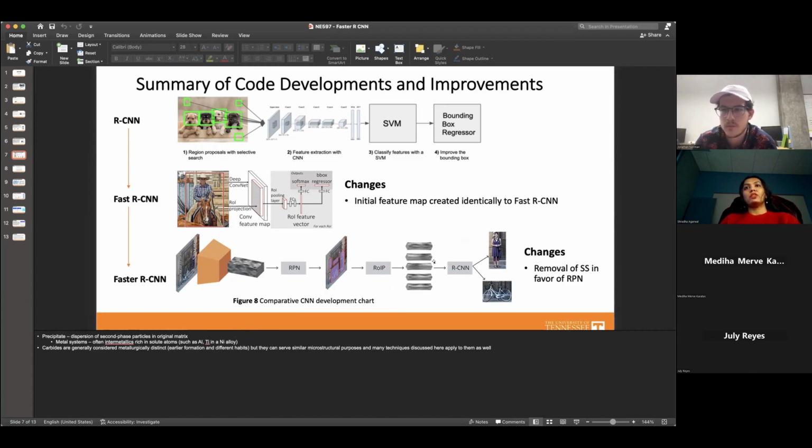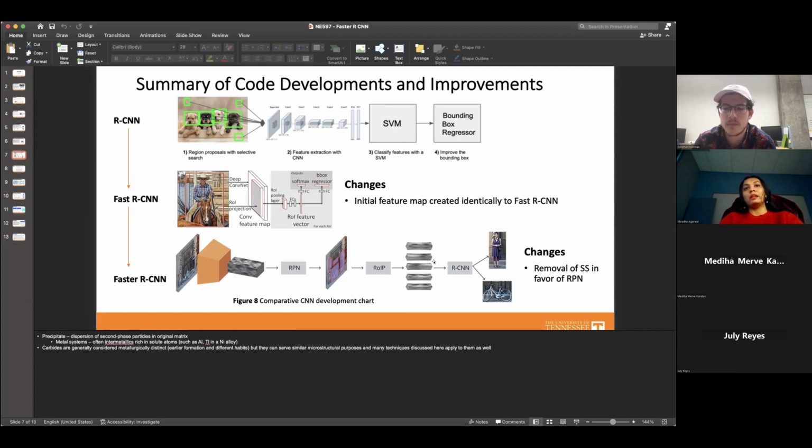Yeah, the change is the removal of SS in favor of RPN, removal of selective search in favor of RPN. So it's using a convolutional neural network scheme to do region of interest proposals. Right. This is a little bit unclear, like RPN and what is happening after the features are extracted. You converted an image to a low resolution image.